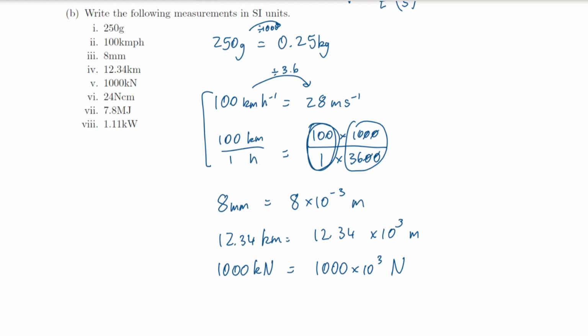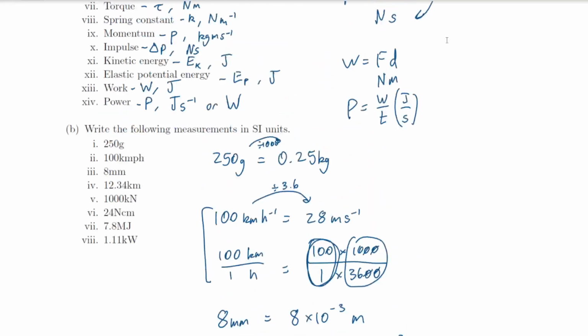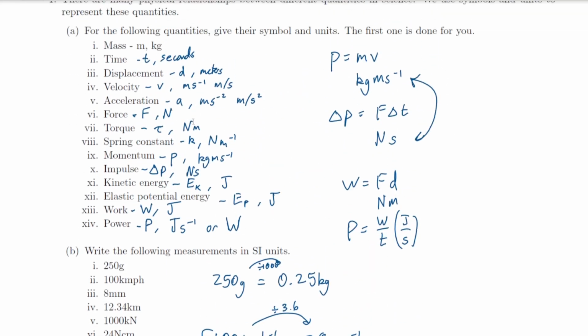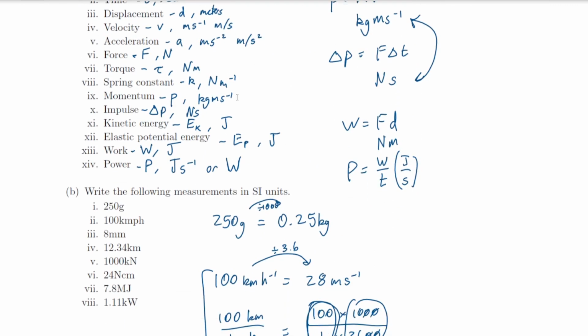What's next? Oh, 24 Newton centimeters. So what quantity is that measuring? So it's not a distance, it's a force times a distance. So that could be torque, or it could be work done, right? It's either of those properties.